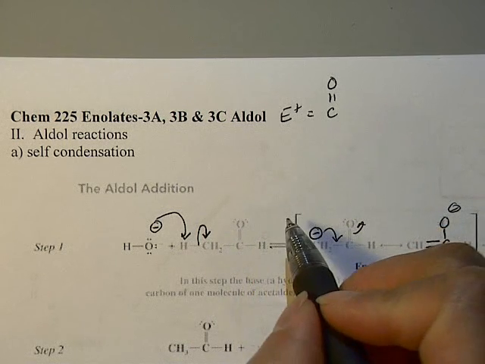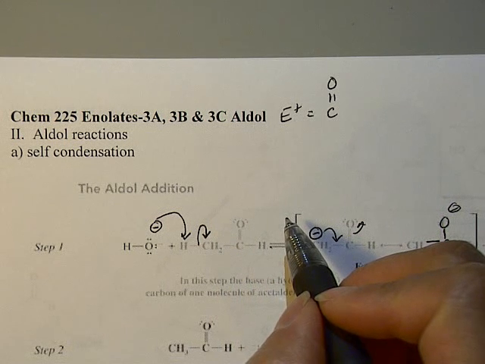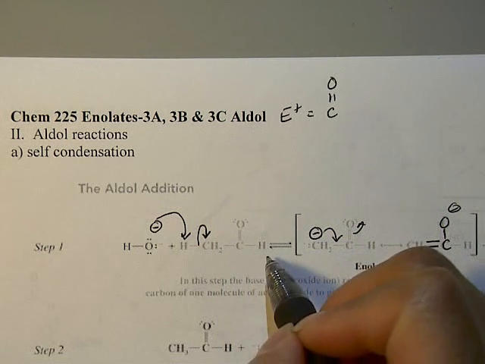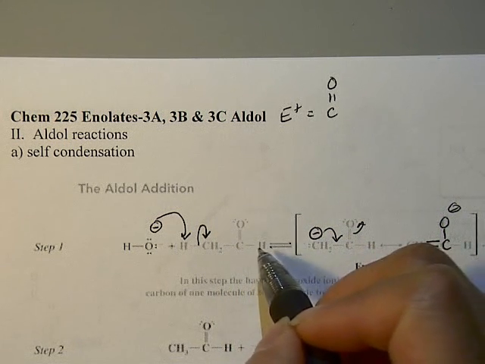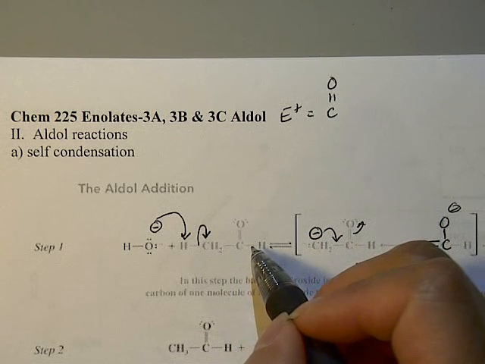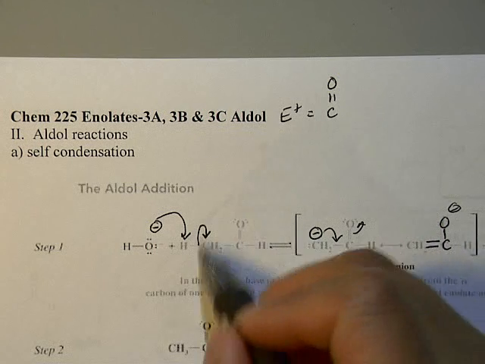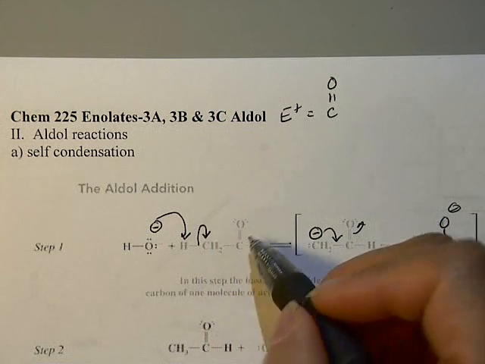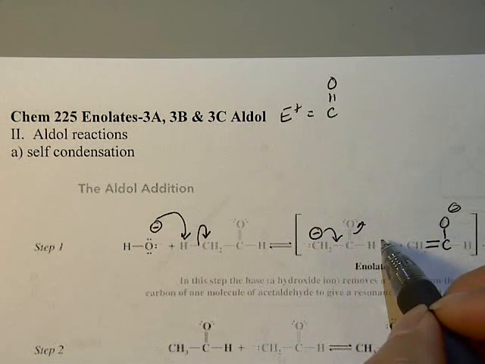So this is a crucial, important point that you need to be aware of, that under this condition that we're looking at, both the aldehyde, so unreacted aldehyde, and the enolate are present at equilibrium.